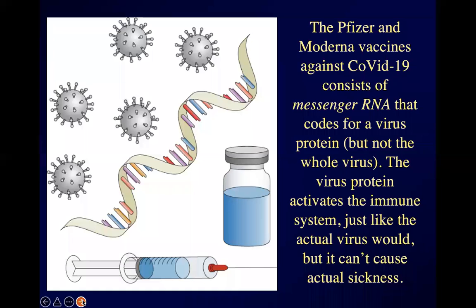The Pfizer and Moderna vaccines against COVID consist of messenger RNA. And now we can finally talk about this because you should know what messenger RNA is. This was a vaccine technology that began to be developed in the 90s.